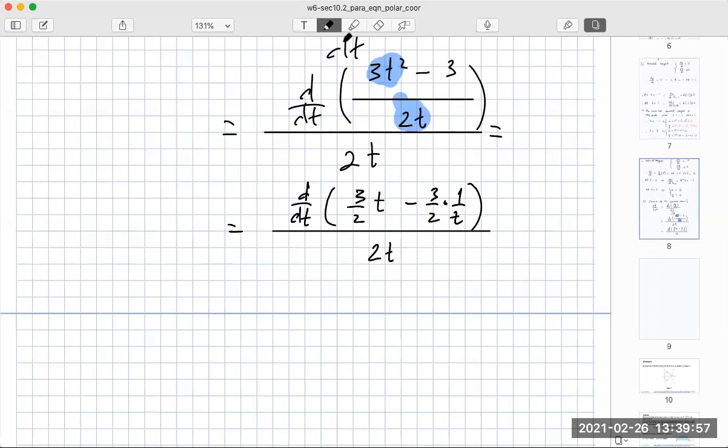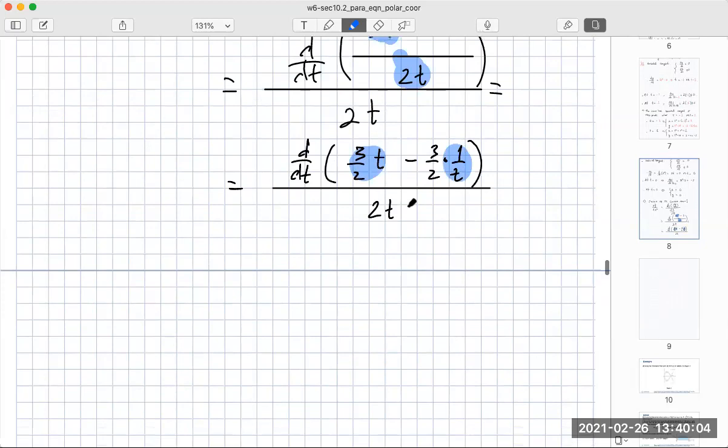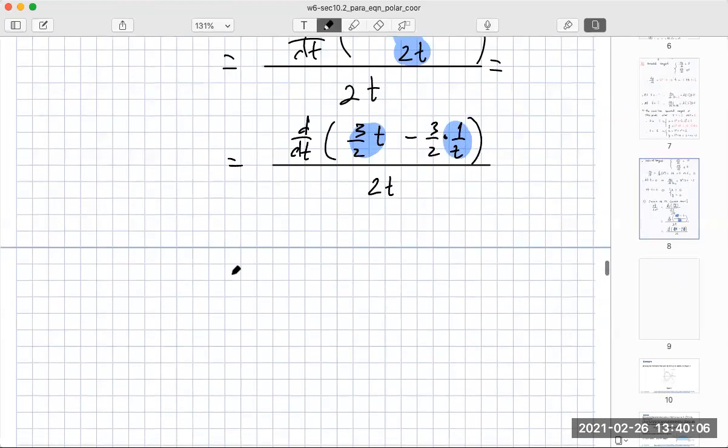Now this becomes easier. Derivative of this and derivative of this. Times 1, right? d over dt of t is 1. And this here, 3 over 2, derivative of 1 over t gives us?